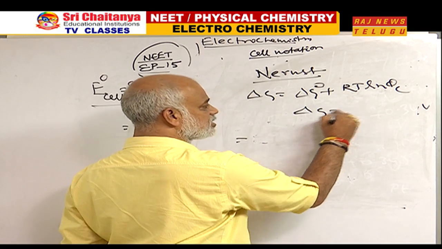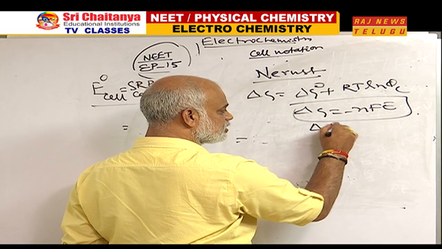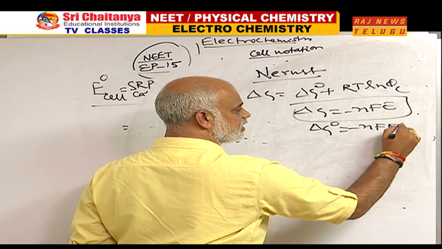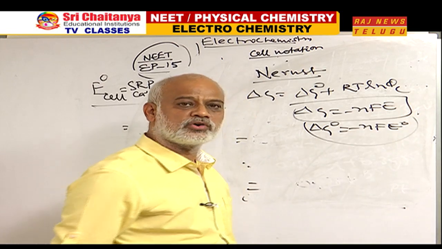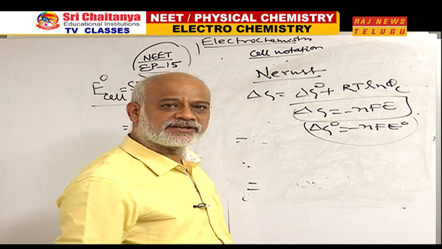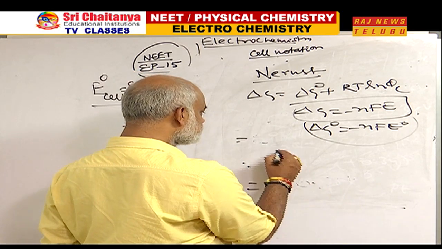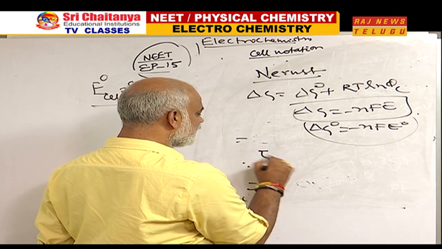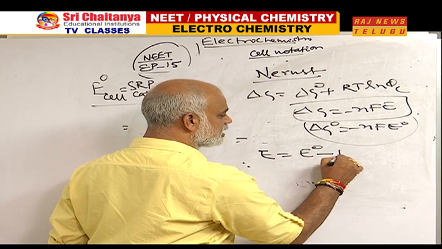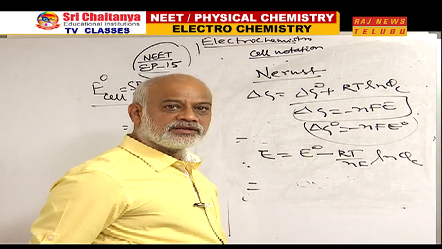But delta G is equal to minus NFE. Learn this. Delta G naught is equal to minus NF E naught. You learnt this in thermodynamics. If you substitute and write everything, it will be E equal to E naught minus RT by NF ln QC. What did I do?